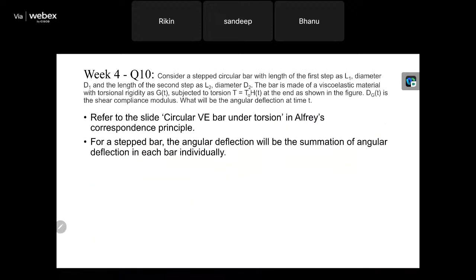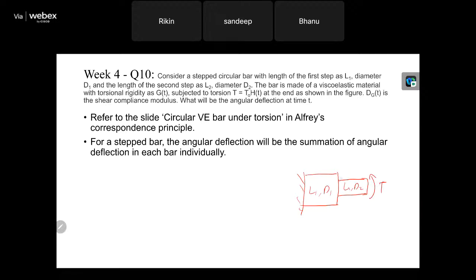Now coming to question number 10. Consider a stepped circular bar. Now there's a diagram given, something like this, where the lengths are L1 and L2 and the diameters are D1 and D2, respectively, and a torsional load T is applied.